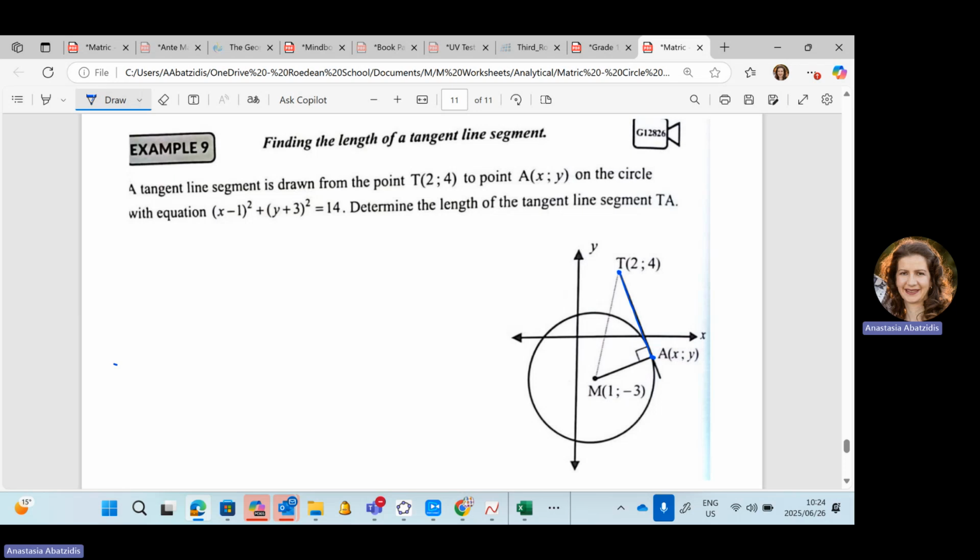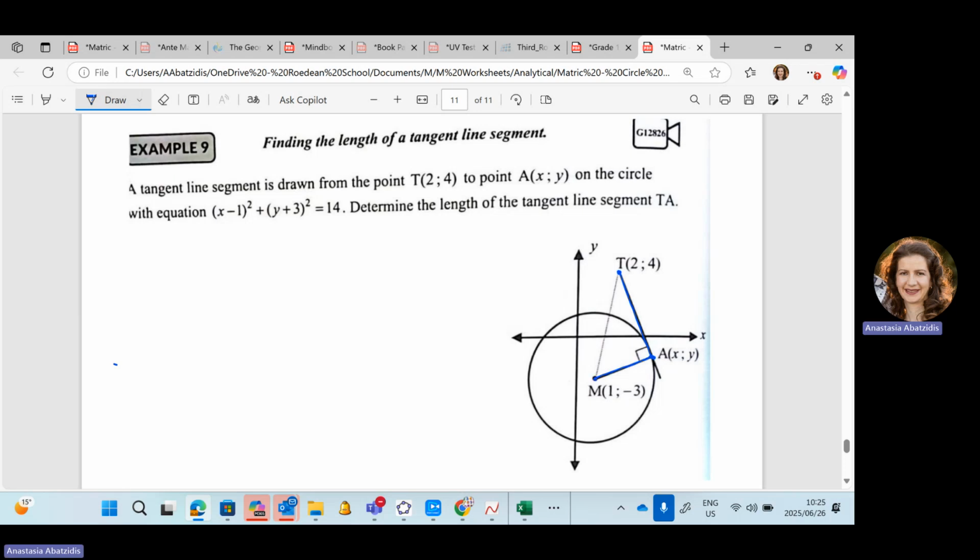A tangent line segment is drawn from point T(2, 4) to the point A(x, y), which we don't know, on the circle with equation (x minus 1) all squared plus (y plus 3) all squared is 14. Determine the length of the tangent line segment TA. You know that the tangent is perpendicular to the radius.